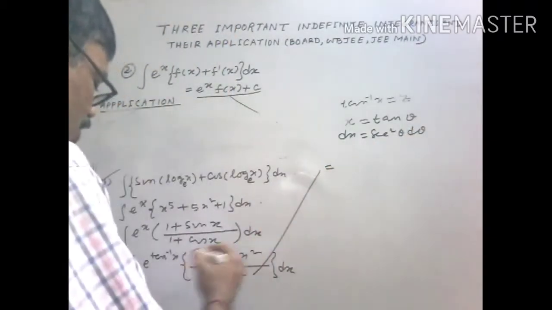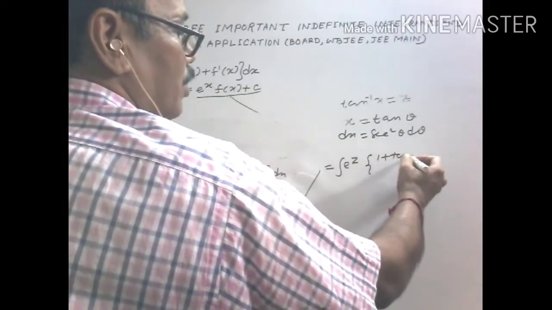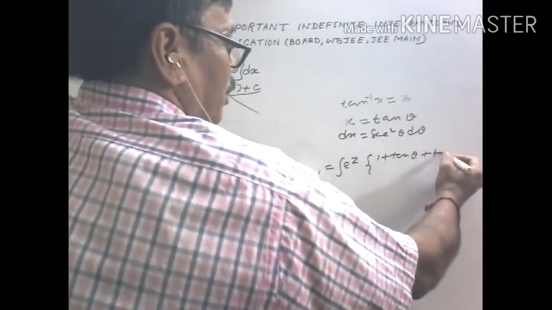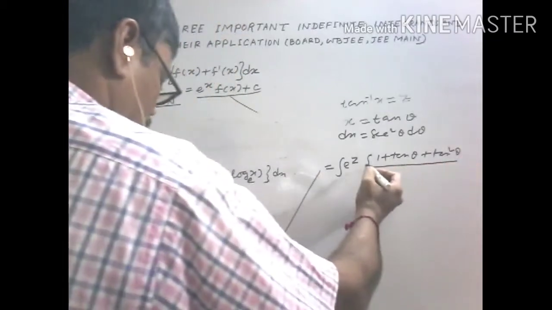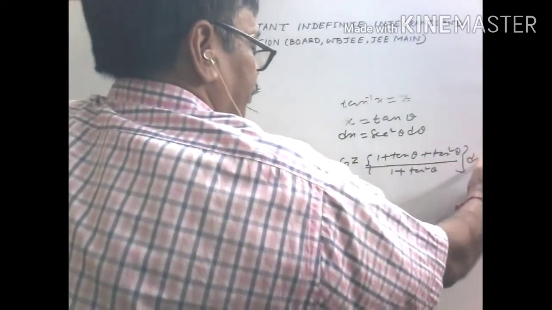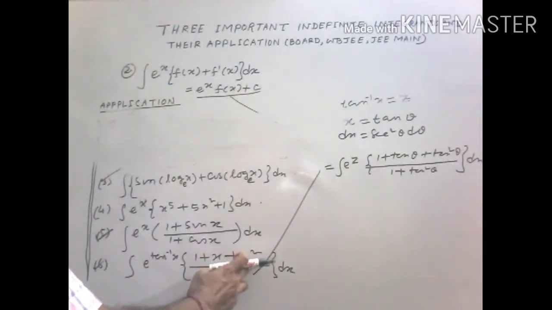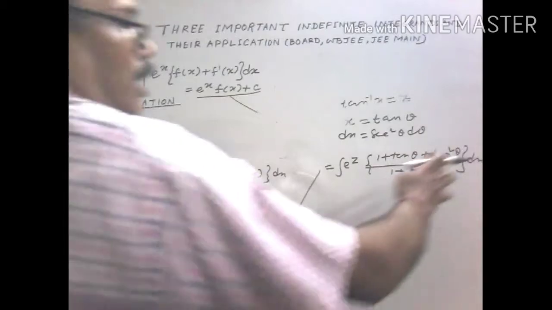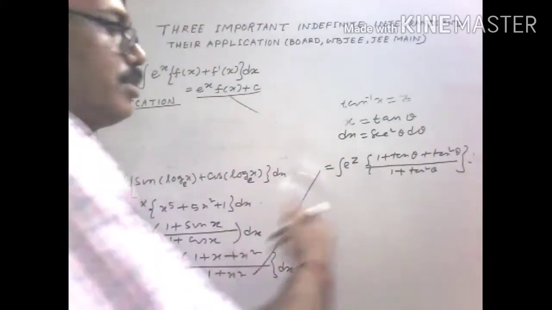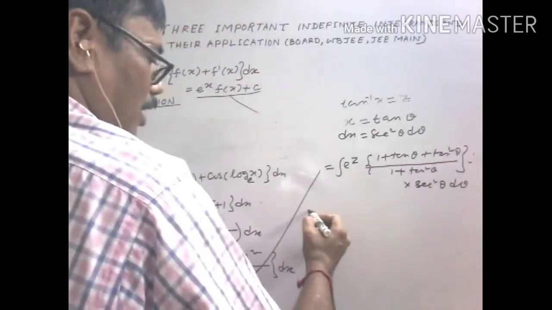Now this one reduces to e to the power z, 1 plus tan theta plus tan square theta by 1 plus tan square theta, and dx is sec square theta d theta.